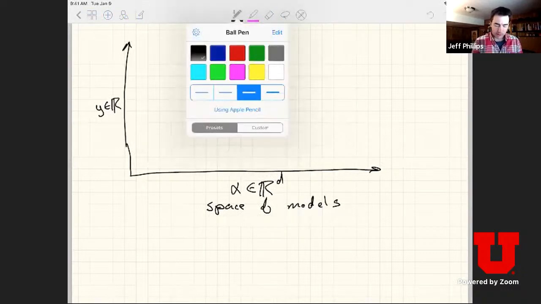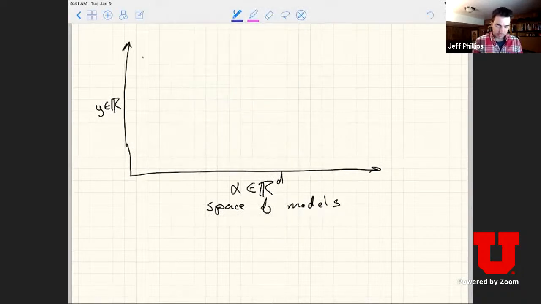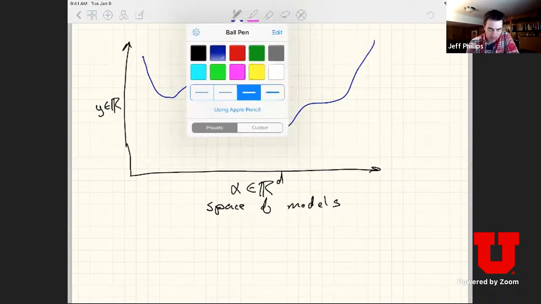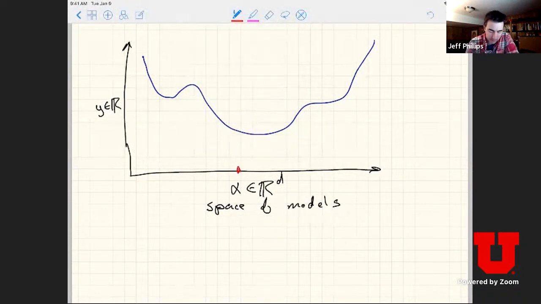We're going to think of some sort of function. From any point, some value of alpha that is a model, it's going to go up to this function.